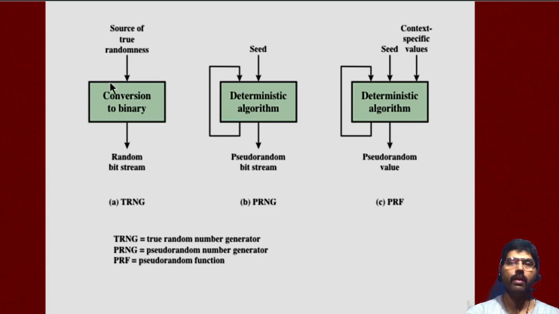These analog values are taken from our hardware computer parts and converted into a random bit stream, which is completely random numbers. A true random number generator may simply involve the conversion of an analog source to binary output.